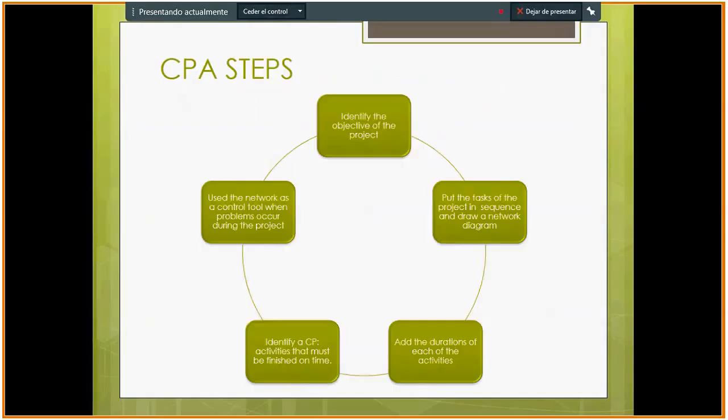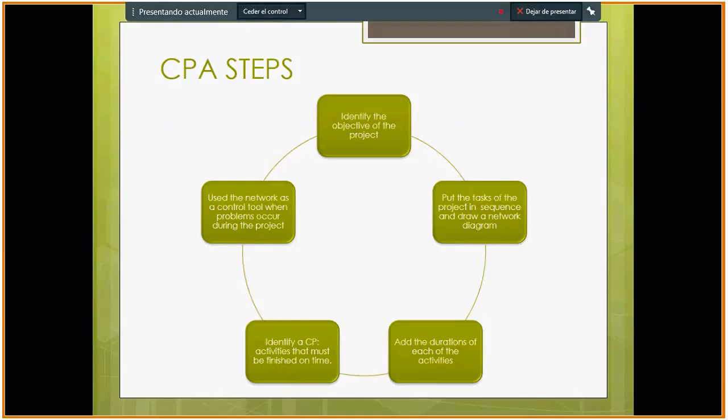Okay, CPA steps. The first step is identify the objective of the project. The second step is put the tasks of the project in sequence and draw a network diagram.